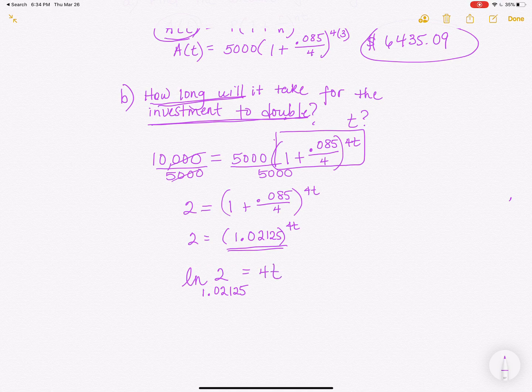All right, now, this looks confusing, but what you're going to need to do here is your change of base formula, because this whole long number was my base. So this is going to be the natural log of 2 divided by the natural log of 1.02125, and you would have gotten the same thing if you had added a log to both sides and then isolated t. You're looking at the same thing, equals 4t.